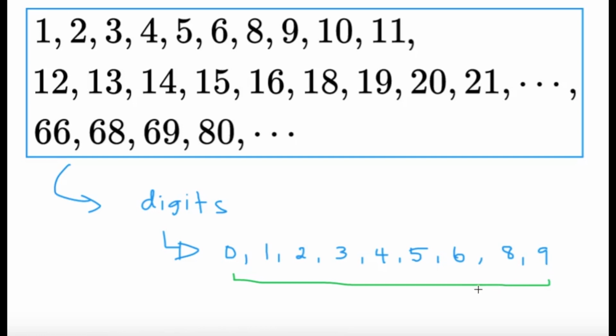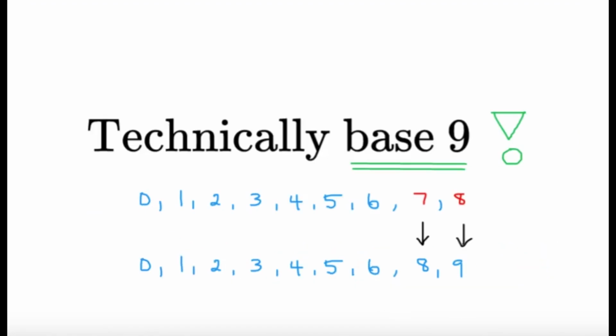So we have 9 total digits, so this sequence is very similar to base 9, where in the typical base 9 we have the digits from 0 to 8. In the good number sequence, all the 7s become an 8, and all the 8s become a 9. That's technically the only difference between the good number sequence and base 9.